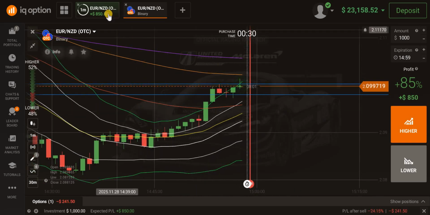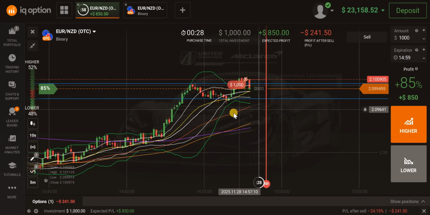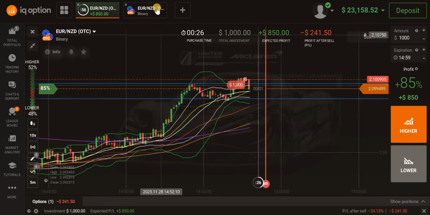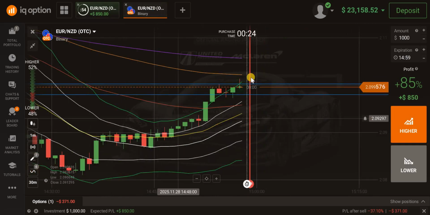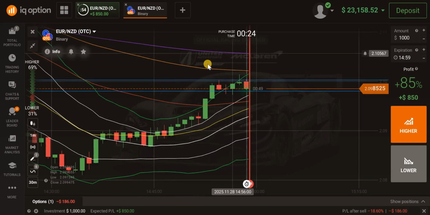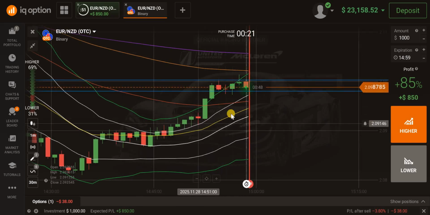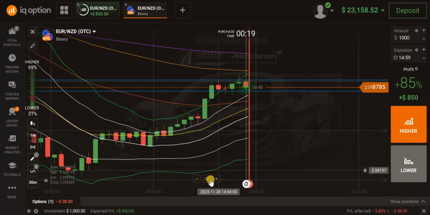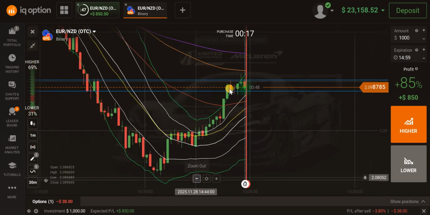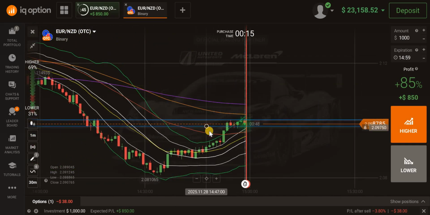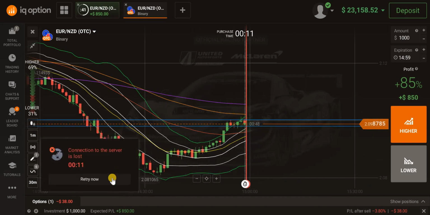You see in the lower time frame we have an uptrend. Look at the EMAs, but in the higher time frame, which is much stronger, we have a downtrend. But this downtrend is kind of going into an uptrend, but it's generally still a downtrend because the 200, the 50, the 100, the 20, they are all facing down. This is a ranging market already.